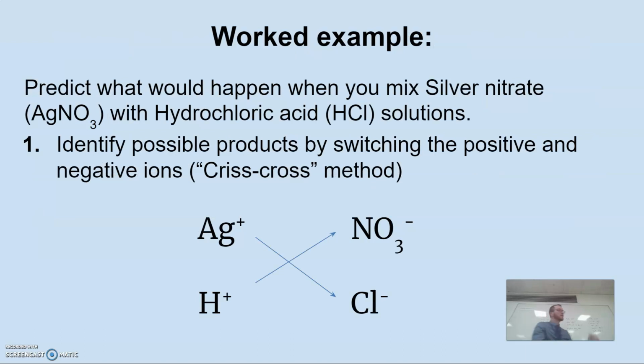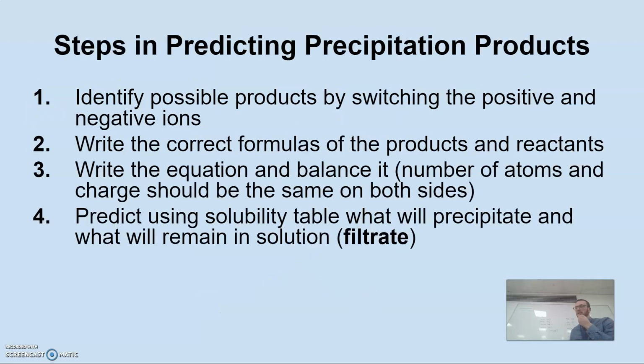So if I have silver nitrate and hydrochloric acid, switch the... Filtrate is just the name given to what remains in solution. We need to be able to predict whether a precipitation will occur or not. We jumped ahead by doing the prac first rather than the prediction.